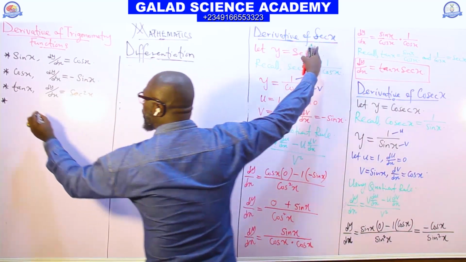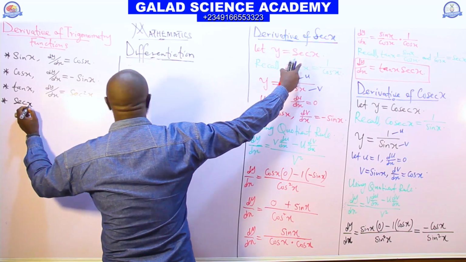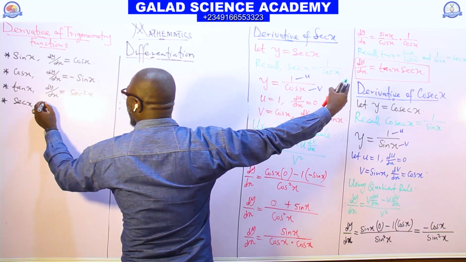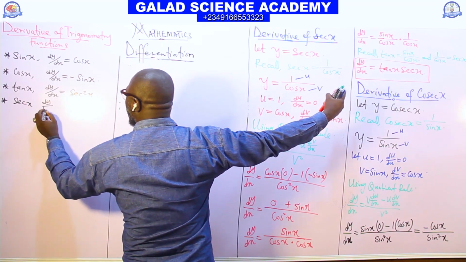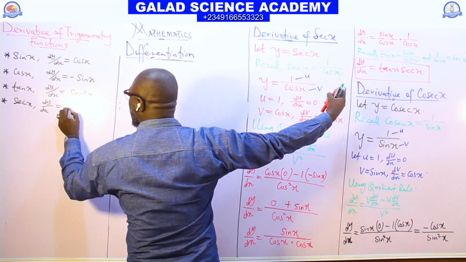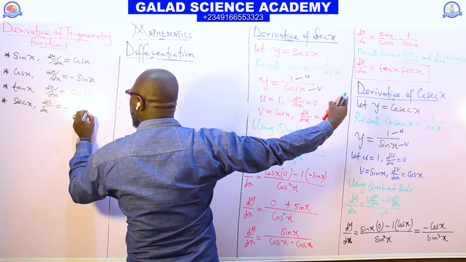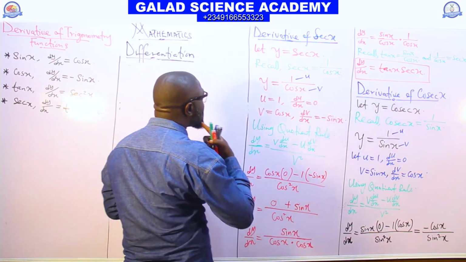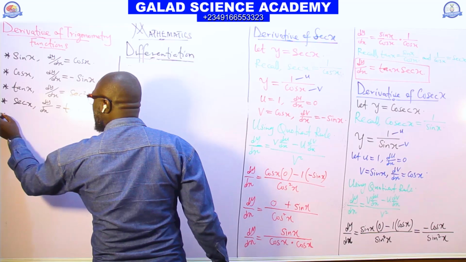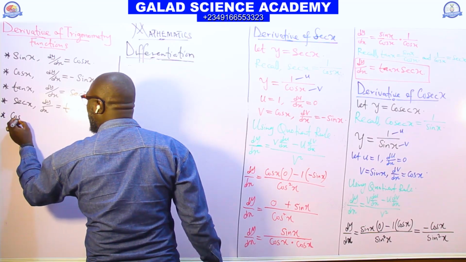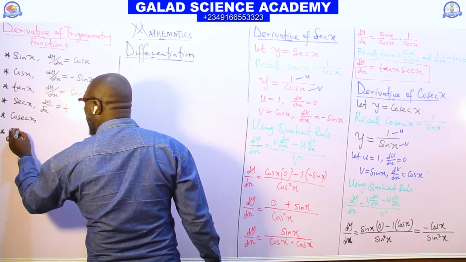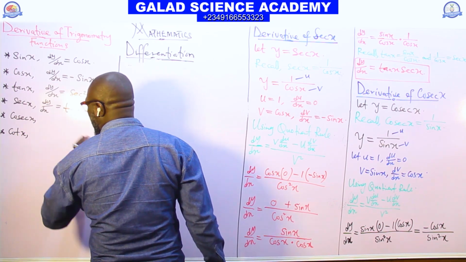The derivative of sec x is giving us tan x sec x. Good. So I will leave the derivative for cosec x and the derivative of cot x. Let us leave it here.